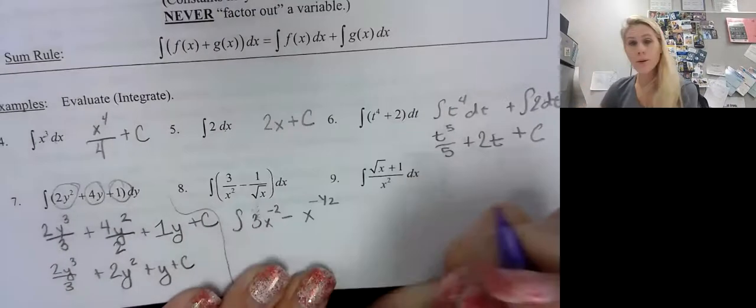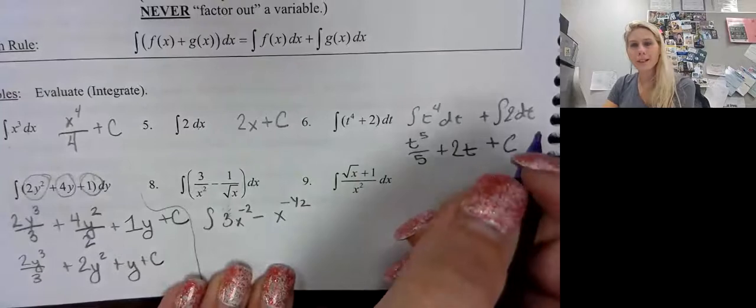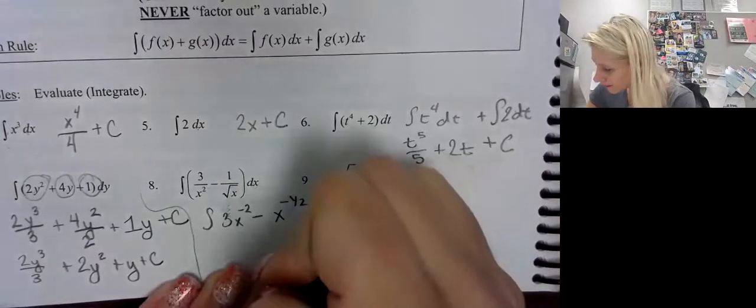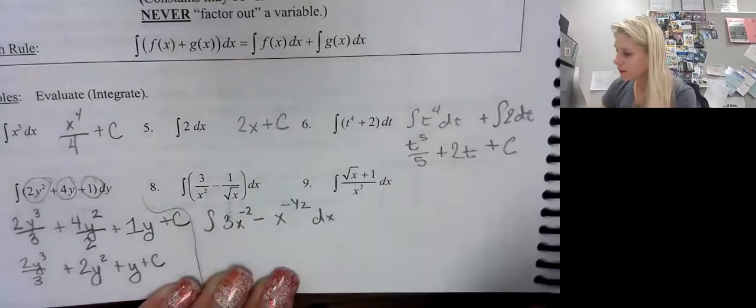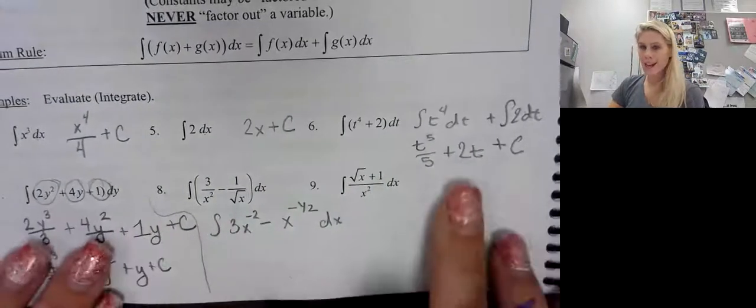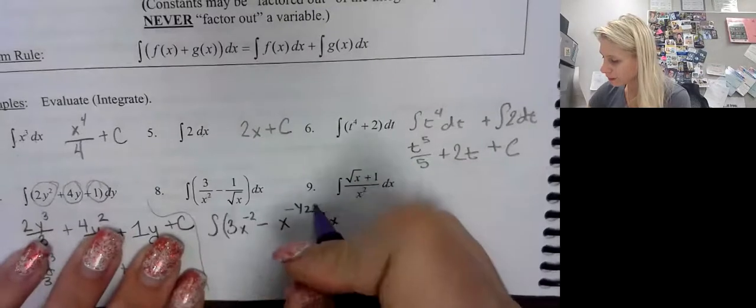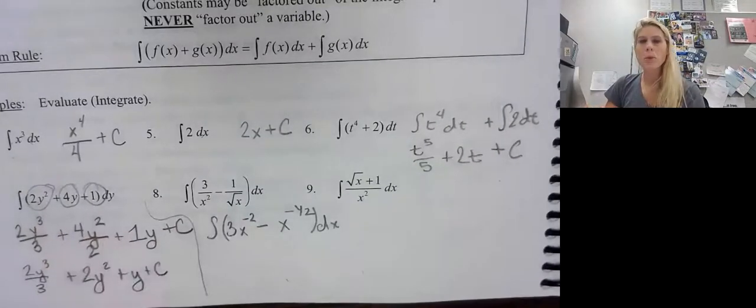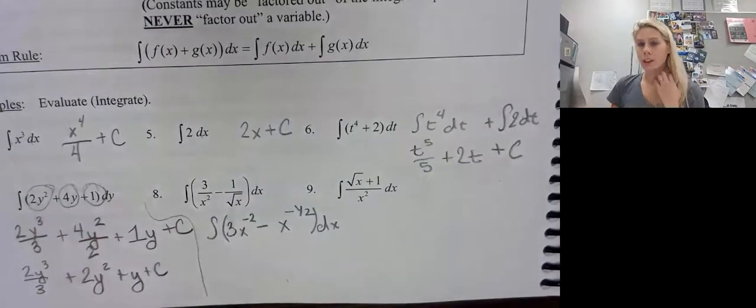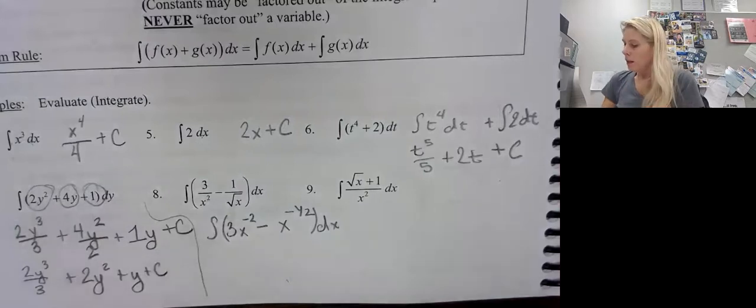Remember, the square root is the 1/2 and it's in the denominator, so it's a negative exponent. This is dx. Usually, if you decide not to break it up with the summation, we keep a parenthesis to show that the dx is with both terms, not just the x to the negative 1/2. All right, so power rules with each of them.